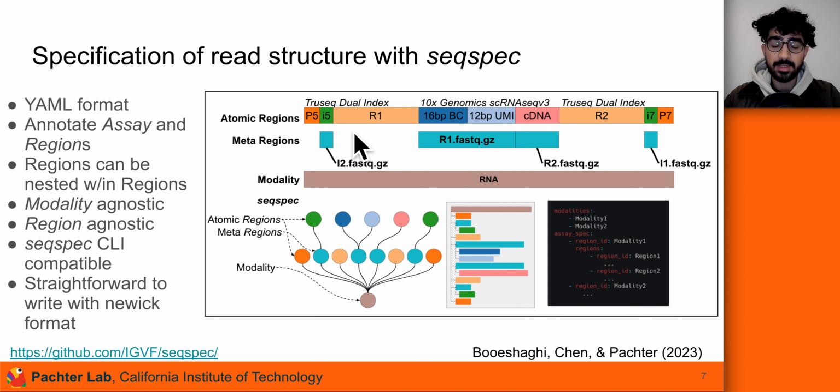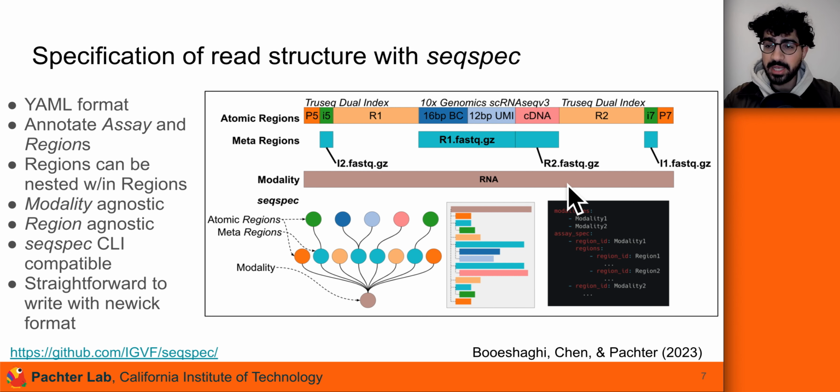And a key feature of seqspec is that atomic regions can be annotated within your sequencing reads by saying this stretch of a read corresponds to a barcode or this stretch of a read corresponds to a UMI. And then sets of those regions can be ascribed the tag of a meta region. And often I've found it to be useful to associate these with the names of FASTQ files that contain those elements.